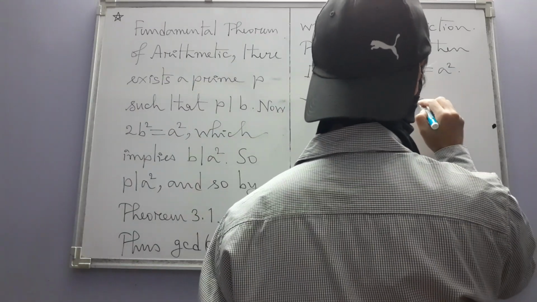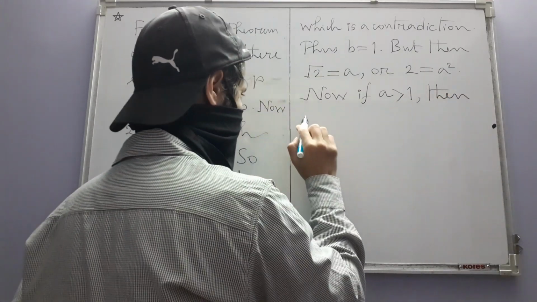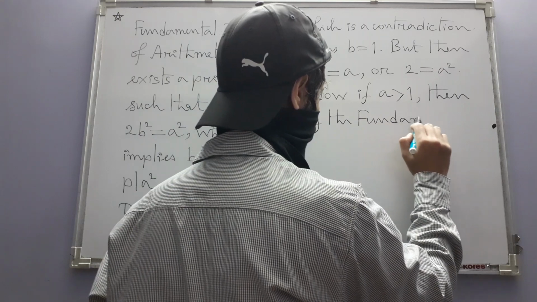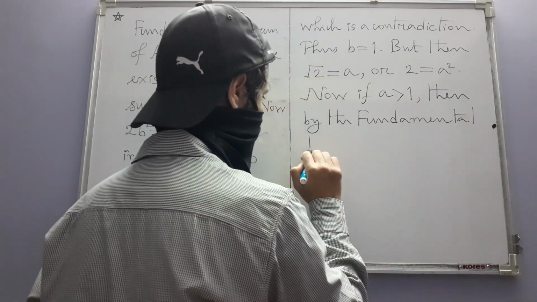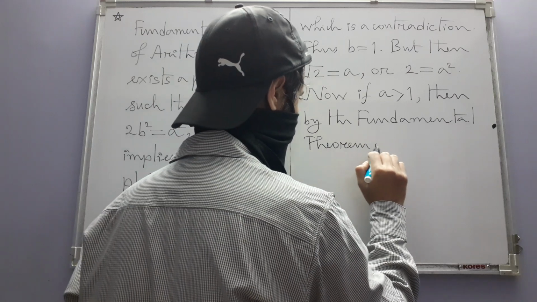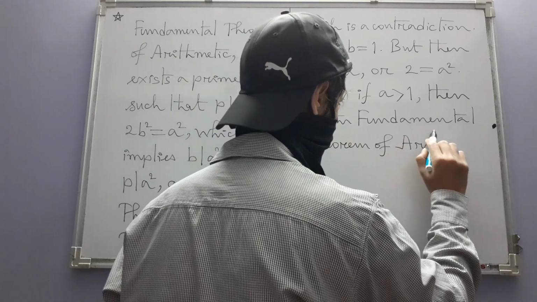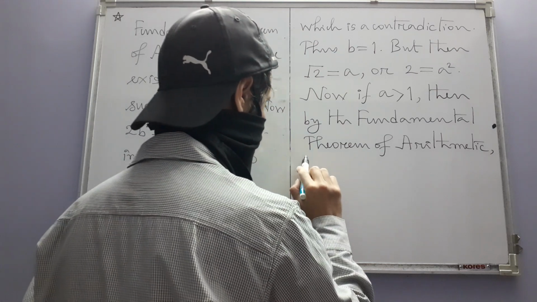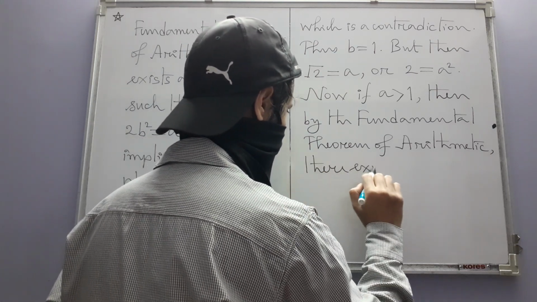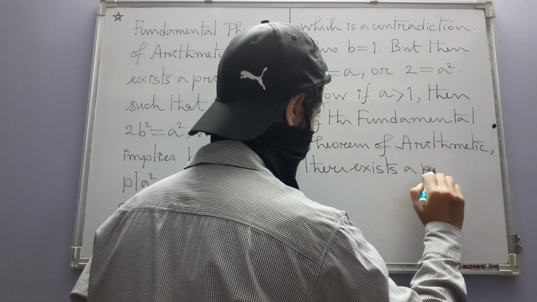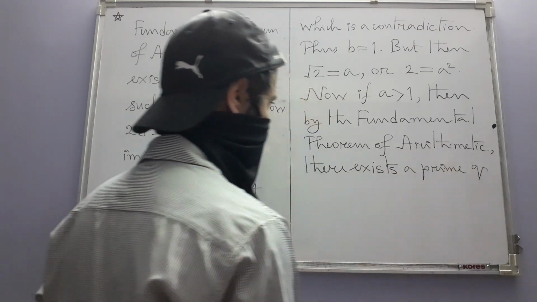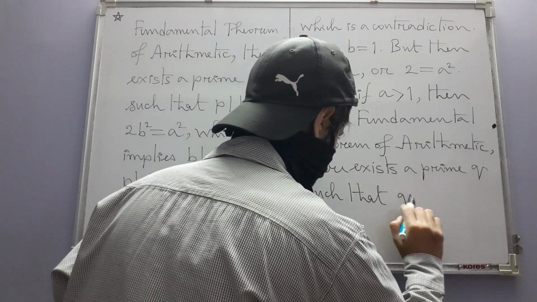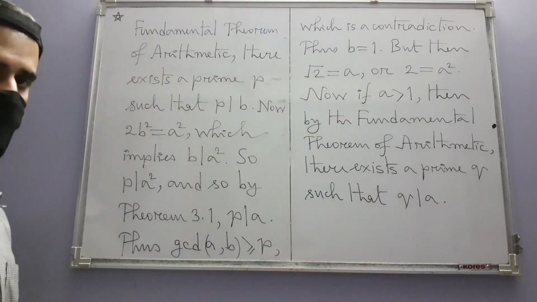Now, if a is greater than 1, then again by the fundamental theorem of arithmetic, there exists a prime, let's call this one q, such that q divides a.